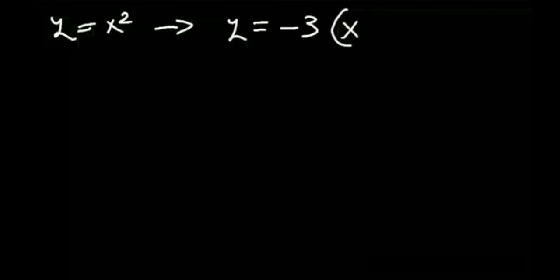Let's see an example. y equals x squared. And this is transformed as follows. y equals negative 3 times (x plus 7) squared minus 8.